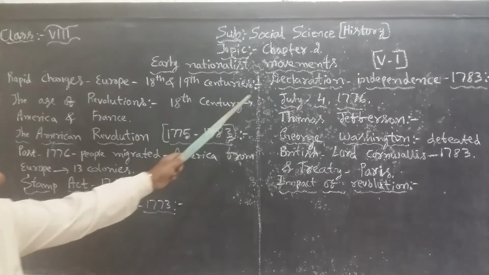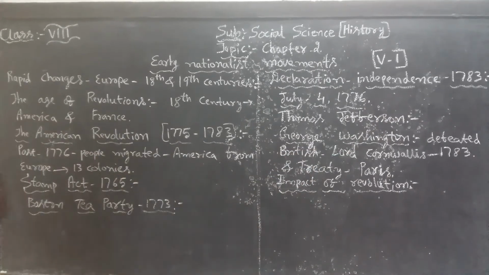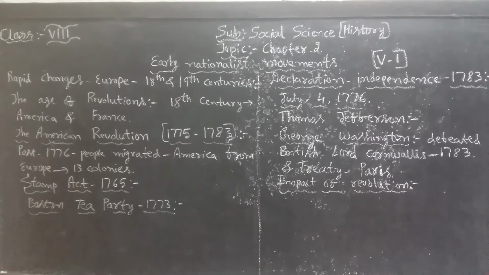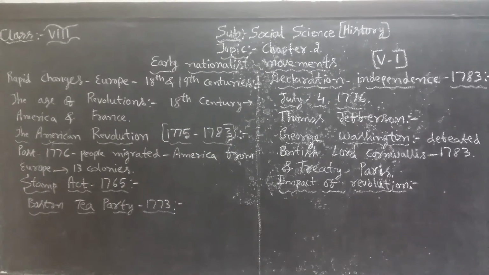Next point is the Declaration of Independence. On July 4th, 1776, representatives of the 13 colonies held a conference at Philadelphia and adopted the Declaration of Independence.